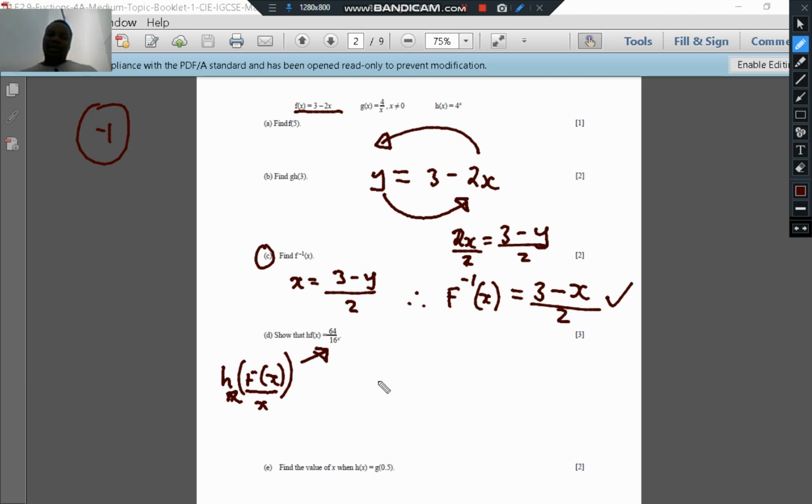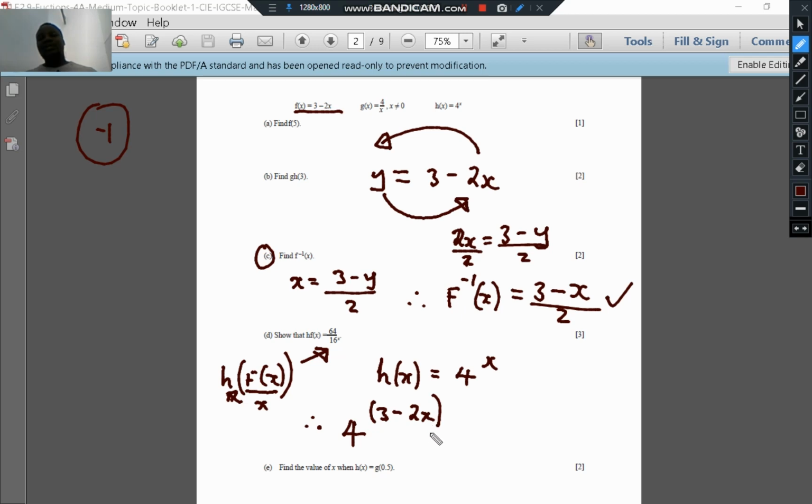So now we know that h of x is equal to 4 to the power of x. Now we are going to put the function f of x wherever there is x. So it would be 4, then where there is x, I'm going to put 3 minus 2x.